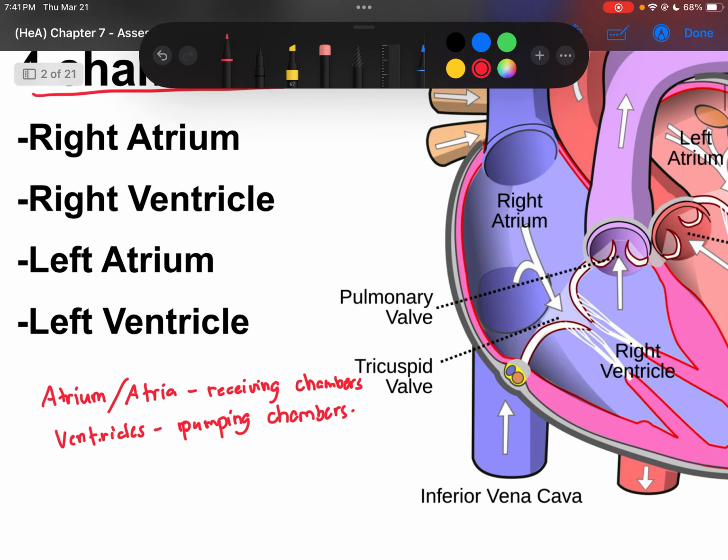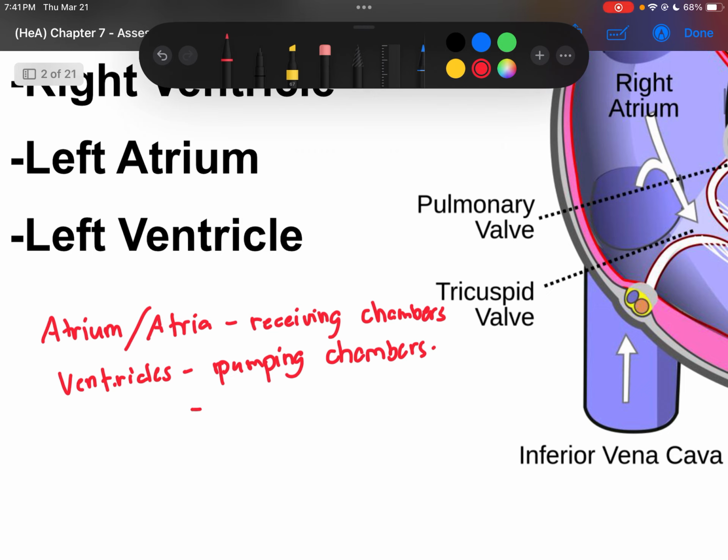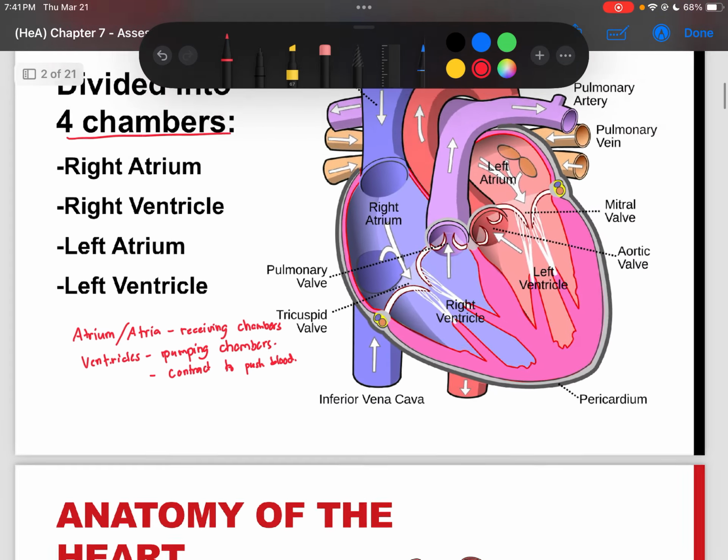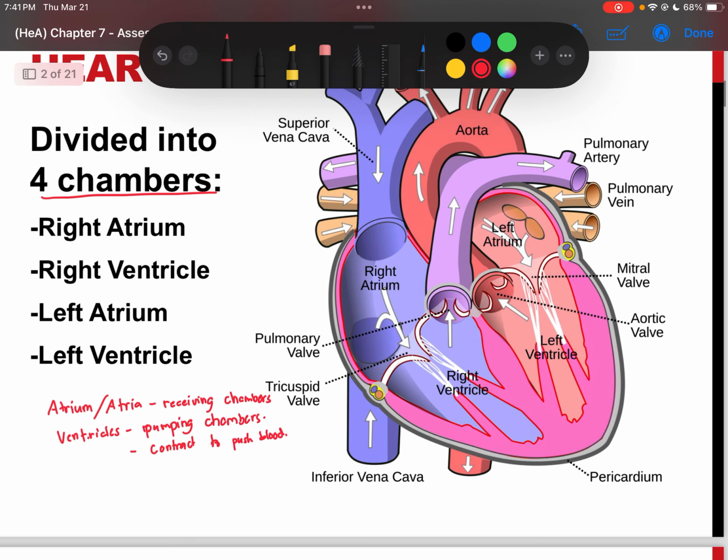Pumping chambers, meaning they are the ones that contract to push blood. Aside from that, our heart is also divided into two: either right or left.